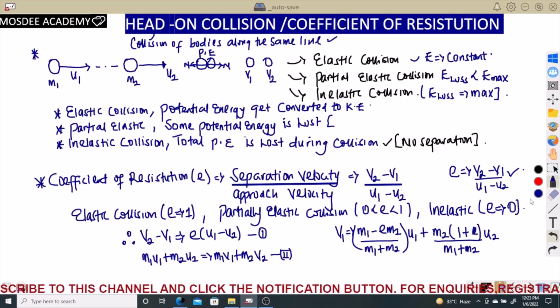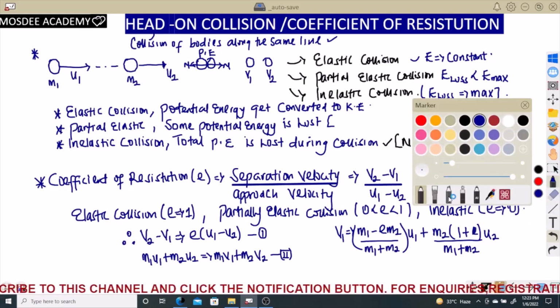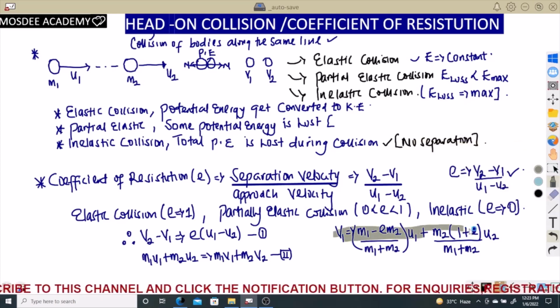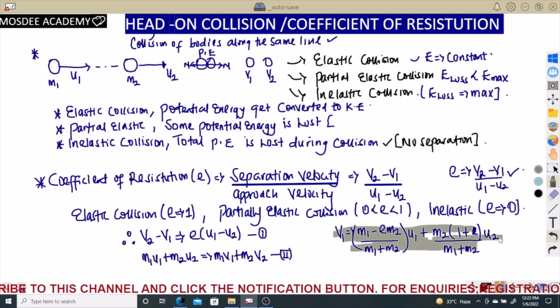It's a simple formula you can keep at the back of your mind any day, any moment. So this is the formula for the final velocity of the first body.